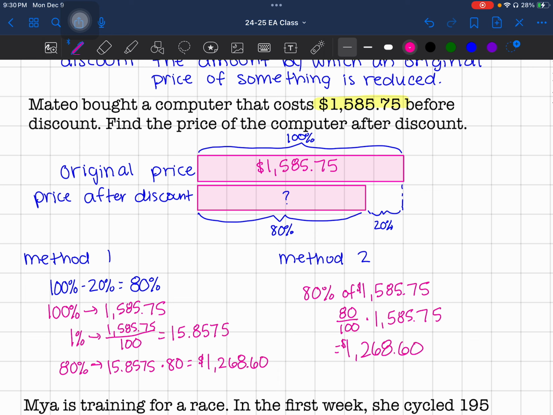So the price of the computer after discount is $1,268.60.